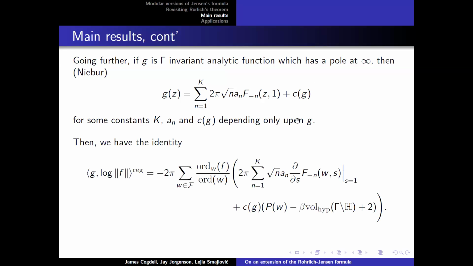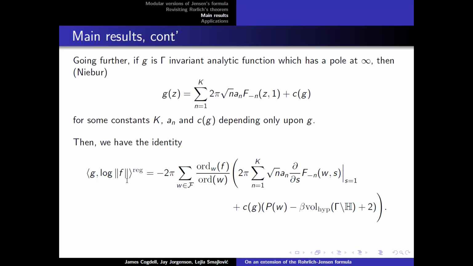So then we have the inner product of the two forms. One has a pole at infinity, another one can have poles inside the domain, but not at infinity. And the inner product is a bit more involved formula, but still expressed in terms of the divisor of function f.